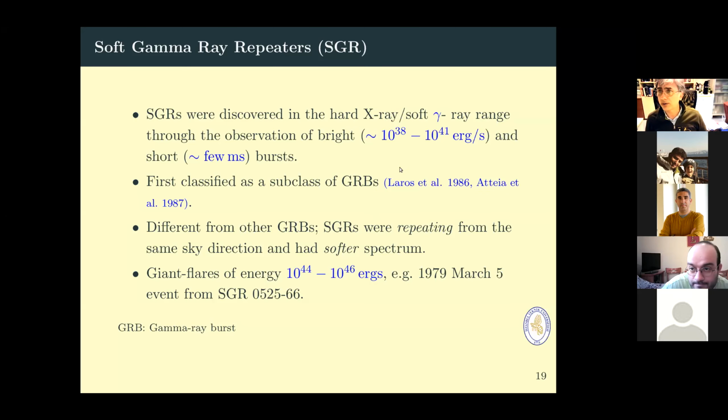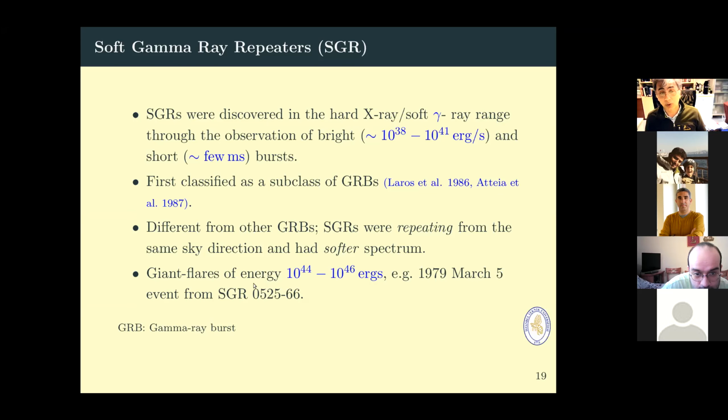So they were first considered to be gamma ray bursts, but then soon they understood that they had a softer spectrum and they were repeating. No GRB had seemed to be repeating. So astronomers quickly understood this is something different.